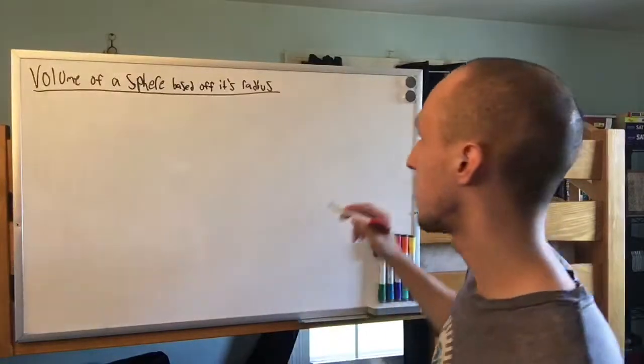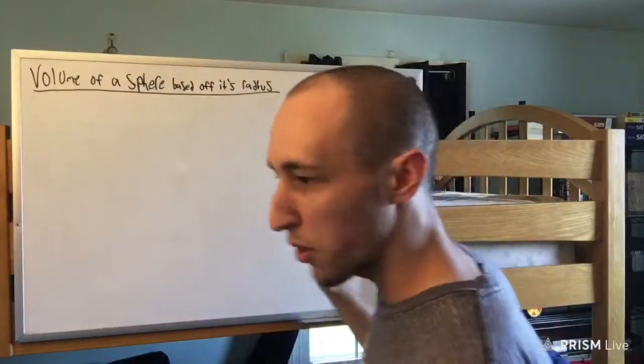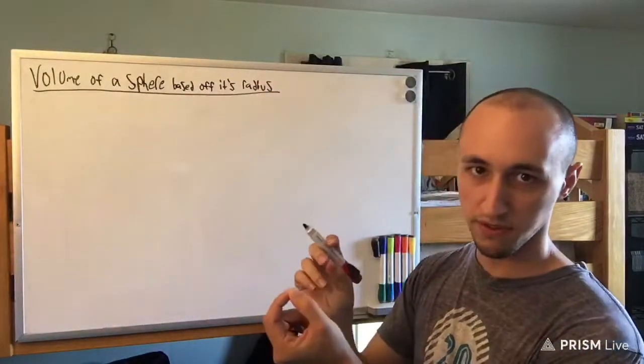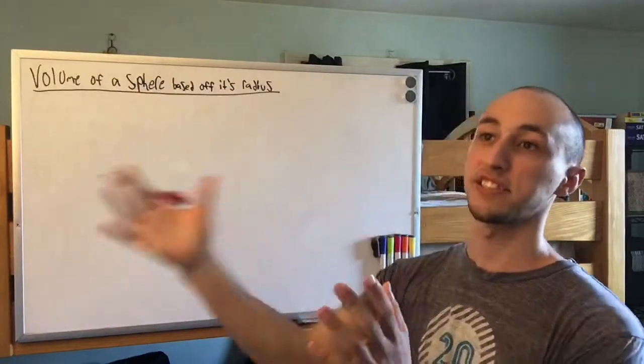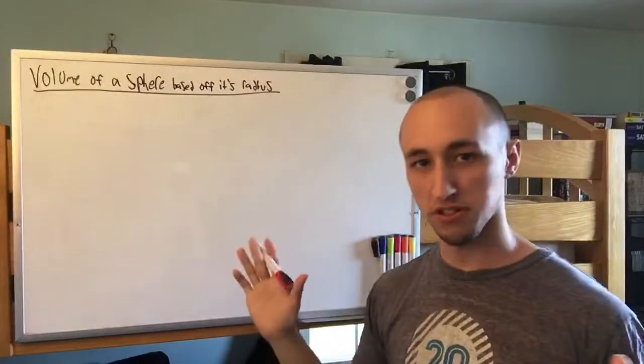Yeah, this will do. Okay, so volume of a sphere. What do we know? We know that for a sphere, the distance between the center and the edge is constant. You can move that radius stick anywhere along the sphere. It is constant.